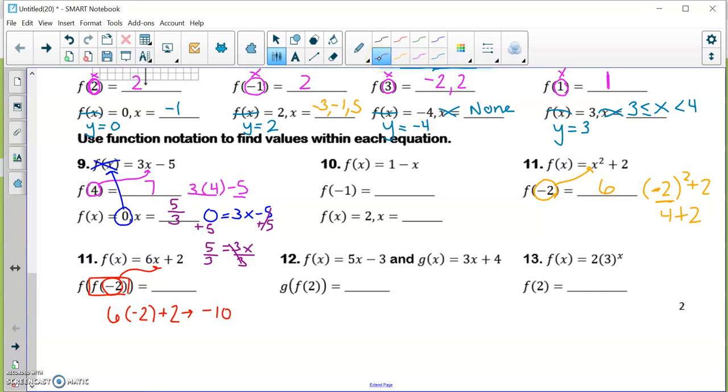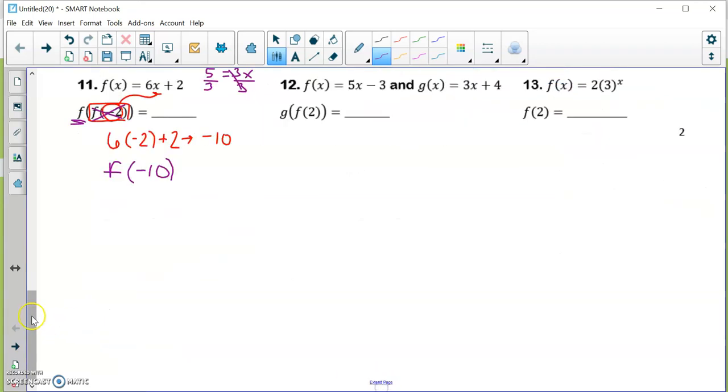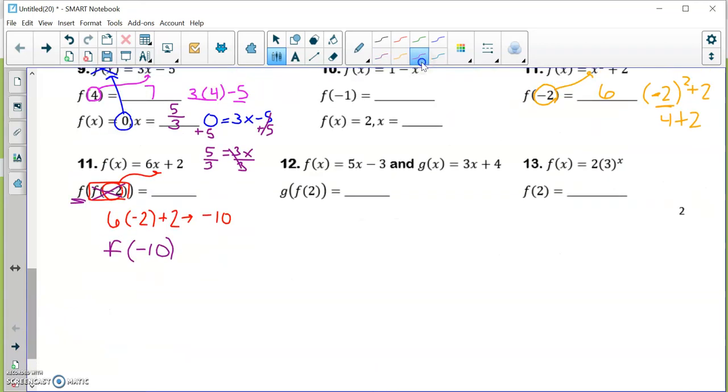So I'm going to replace the f of -2 with a -10 because f of -2 is -10. So now I have f of -10, which means I'm going to put -10 in for x in my same function, and I'm going to have a 6 times a -10 plus a 2, which I get a -60 plus a 2, which comes out to be a -58, and that is your final answer.